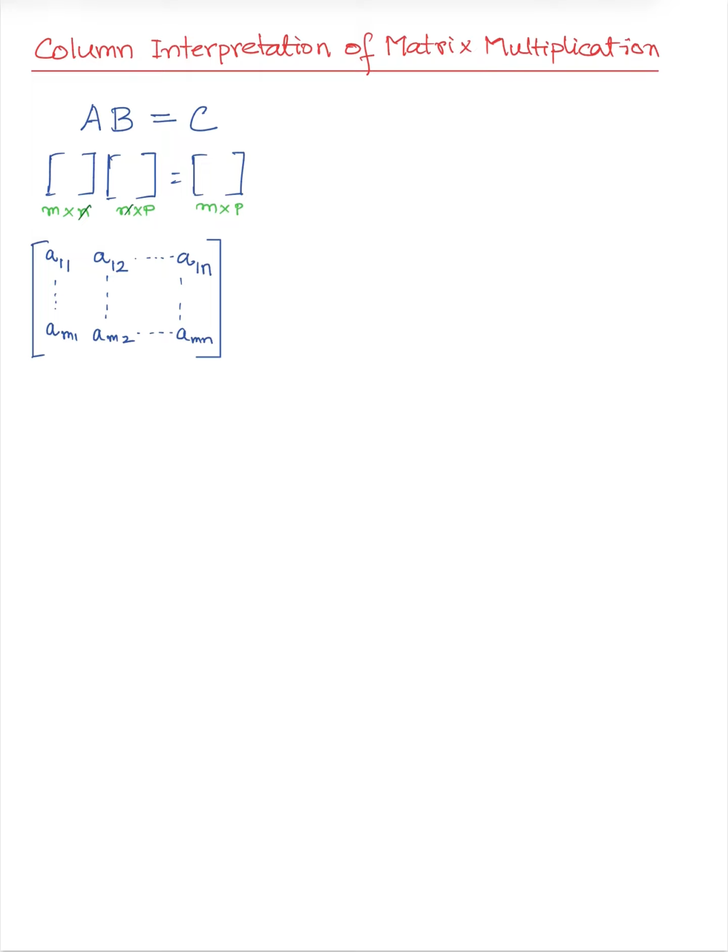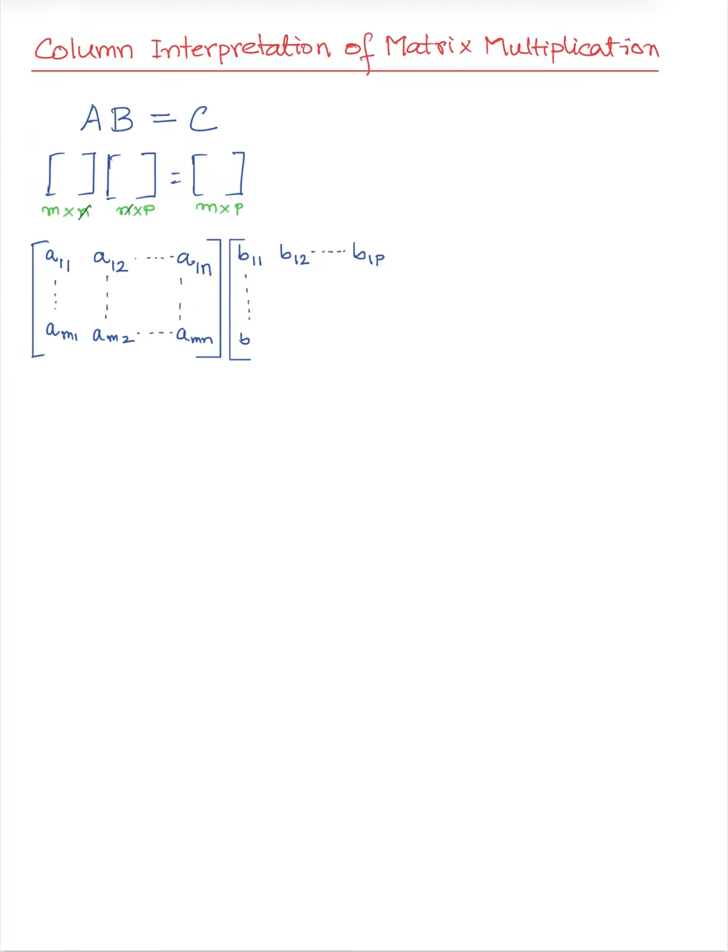And then matrix B is gonna be similar. The number of rows are n and the columns are p for matrix B. So we start with B11, B12, and the last element of the row is B1P.